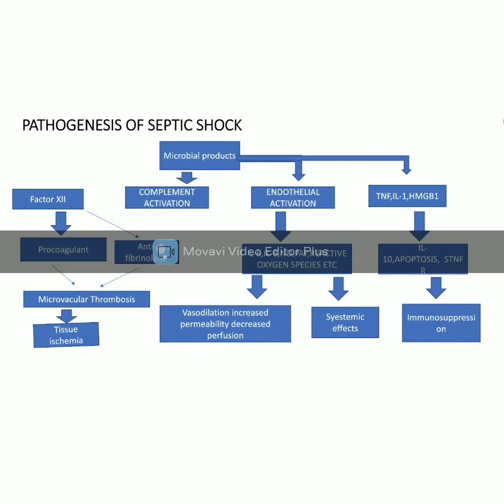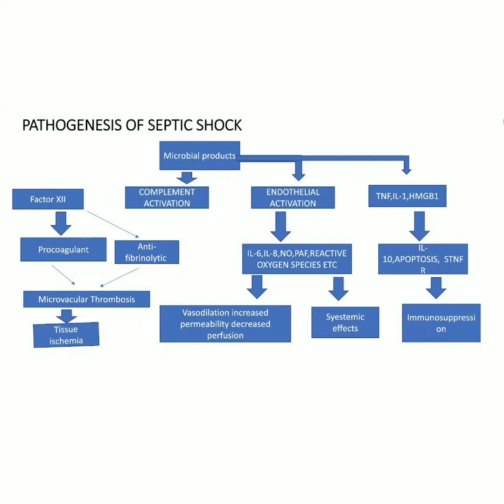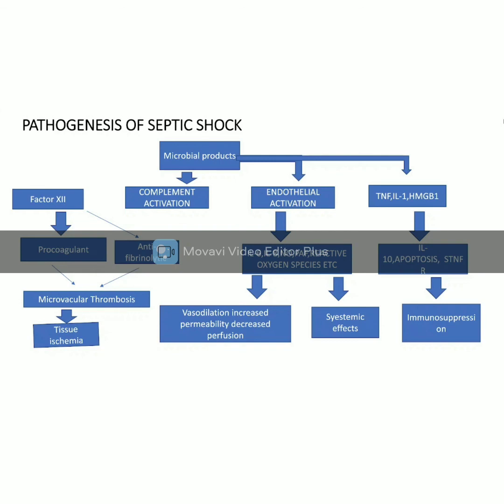And next, there is even activation of clotting factors. These clotting factors form clots. This clot blocks the small blood vessels. When these small blood vessels are blocked, there is no flow of further blood into the end organs.